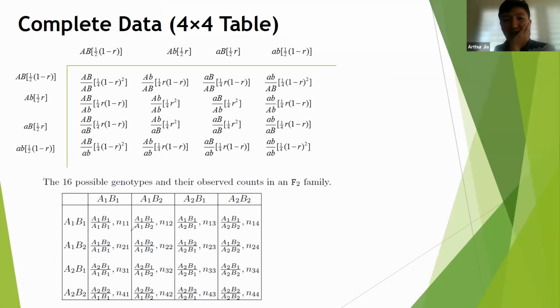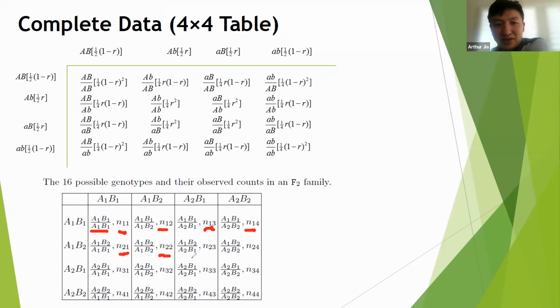In your sample, suppose you can distinguish each progeny category. Sometimes this is not true, because some categories are indistinguishable. But for now, let's assume that you can clearly find the number of progeny for each of the 16 categories.